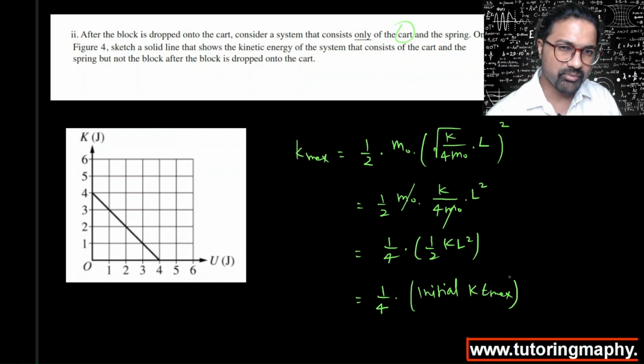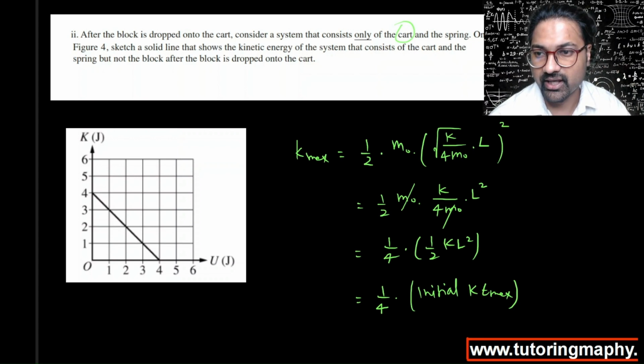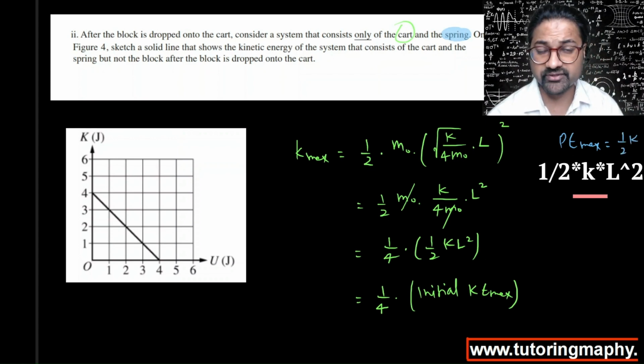And do you think the maximum potential will change even if we change our system to cart and spring? No, because the maximum potential is only dependent on the spring, and the spring is still a part of the system, right? So the maximum potential energy will still be 1/2 KL square, since the spring is still a part of the system.